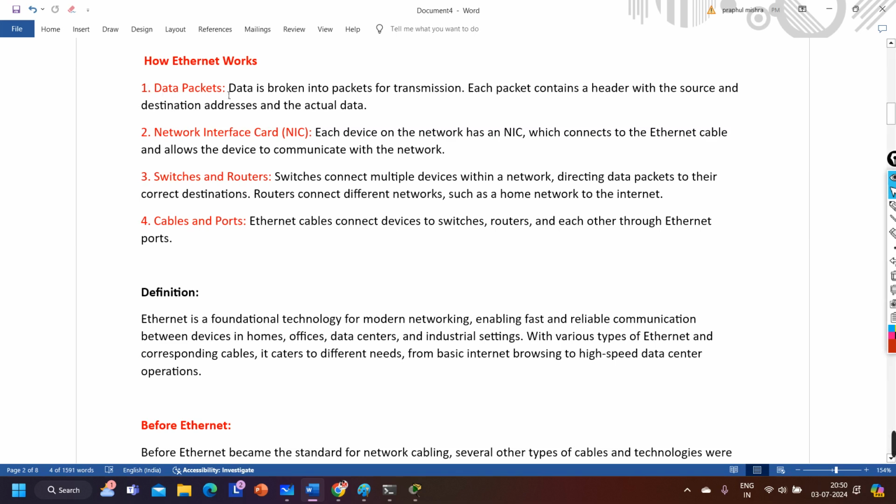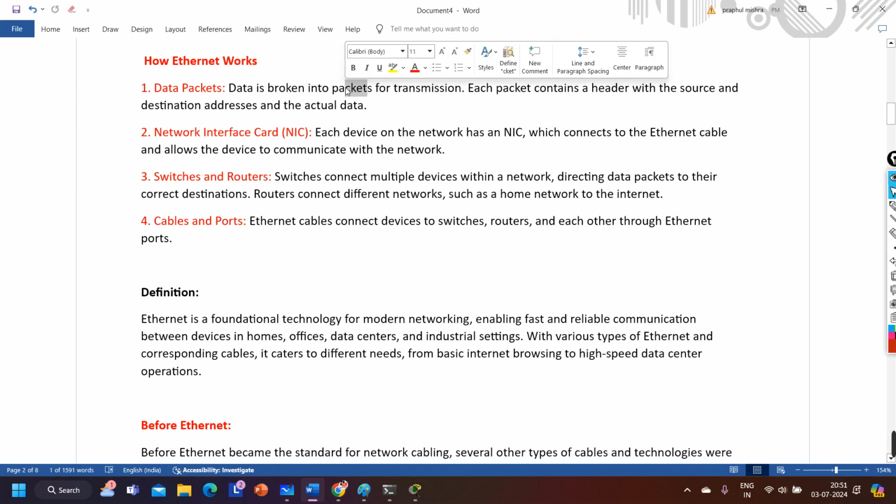So that's why data is broken into packets for transmission, and packet means what? The difference between data and packet is that a packet means data plus address, and data means only data without address. So with the actual data we add addresses, and after that we call it a packet. So for transmission you have to first make the data a packet.